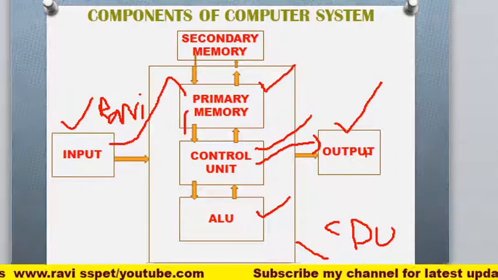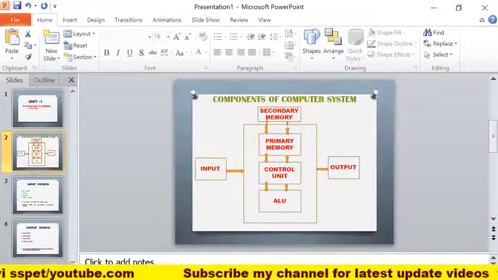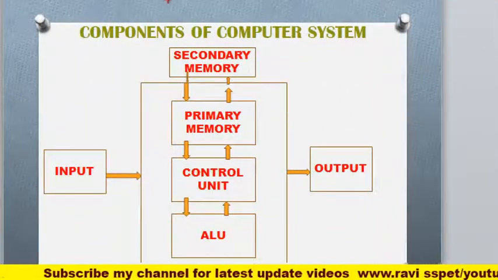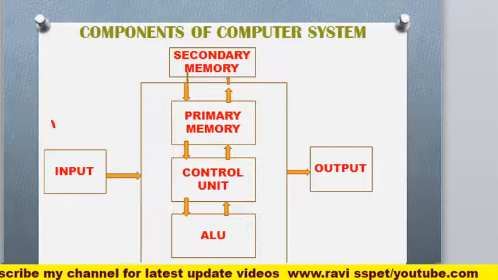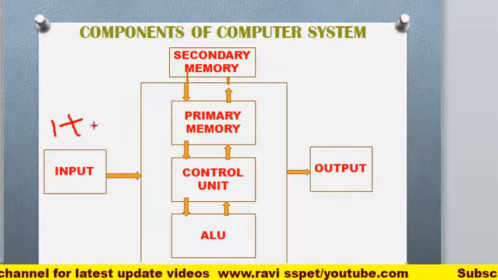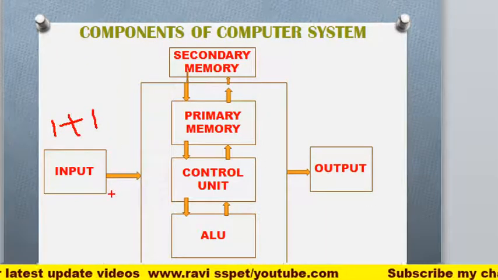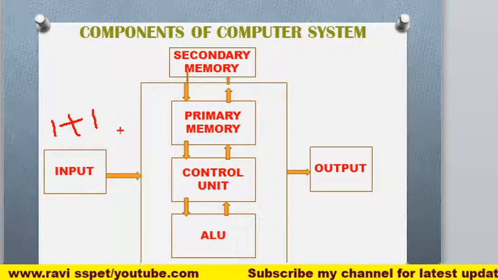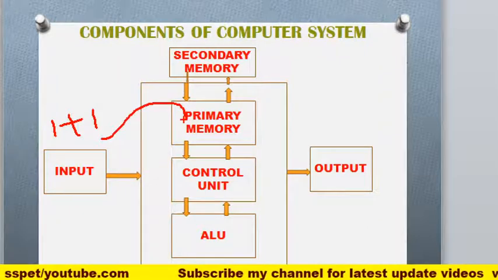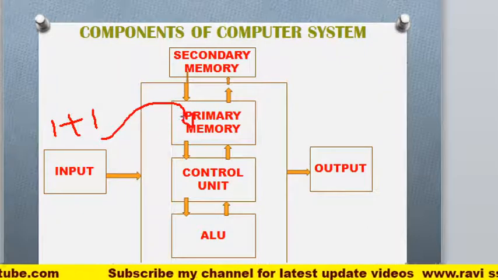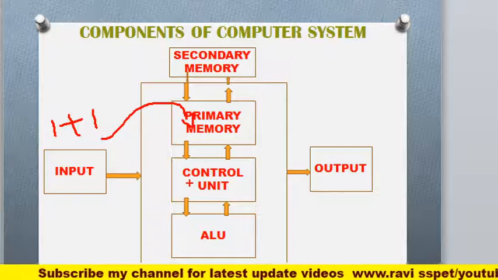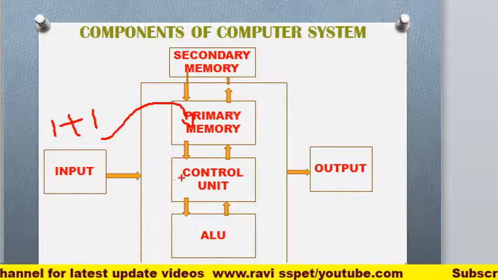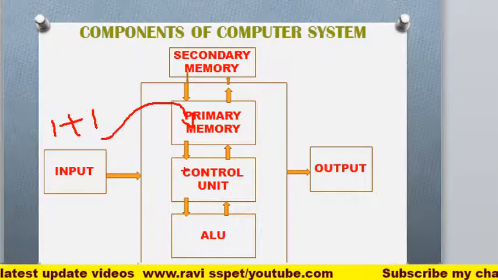For example, now I am giving a small mathematical calculation like 1 plus 1 through the keyboard to the computer, that means to the CPU. First of all, it will go to the primary memory, which is a temporary memory. After that, it will come to the control unit, and the control unit will check whether it is a mathematical calculation or not.